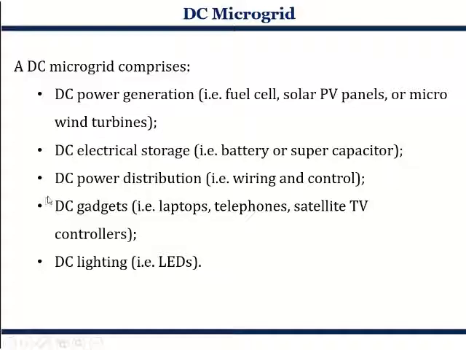Then the wiring and the control, that is the DC power distribution. Then you have DC gadgets, examples being laptops, telephones, satellite TV, controllers, etc. And the last part of the DC grid is the DC lighting. These are the major components comprising the DC microgrid.